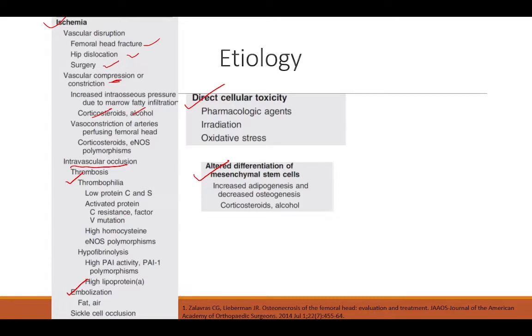Direct cellular toxicity can be following certain pharmacological agents, irradiation, or oxidative stress. Altered differentiation of mesenchymal cells following increased adipogenesis and decreased osteogenesis can also lead to AVN. This can be induced by corticosteroids or alcohol as well.